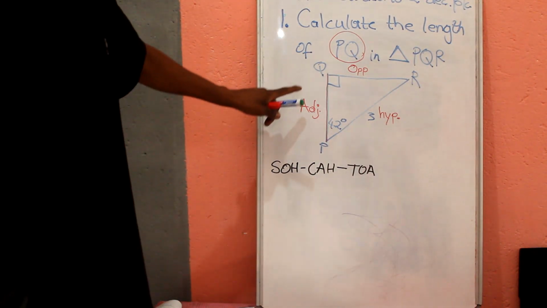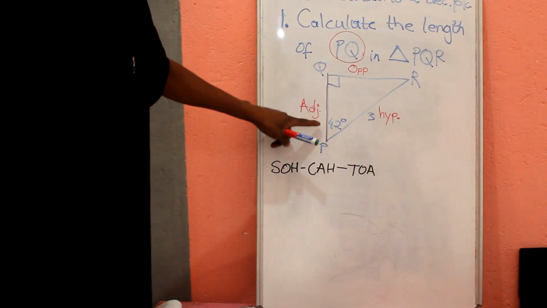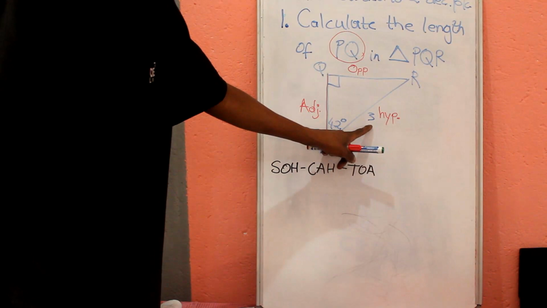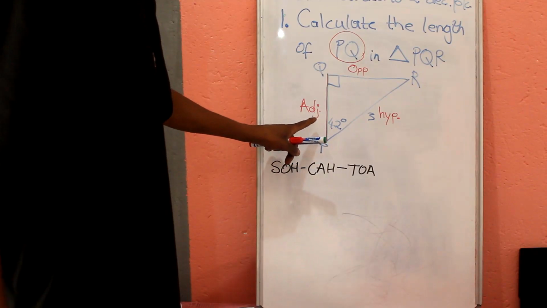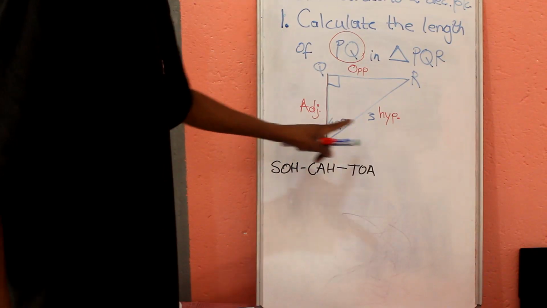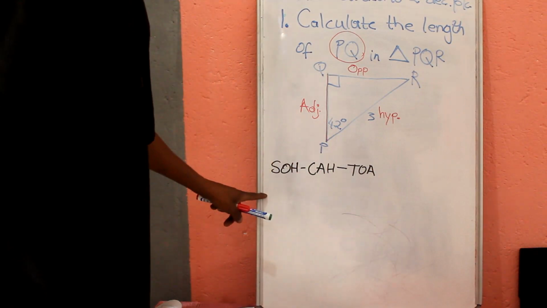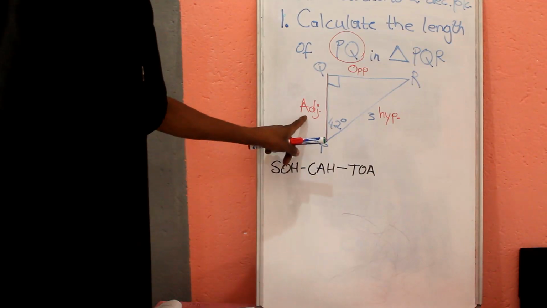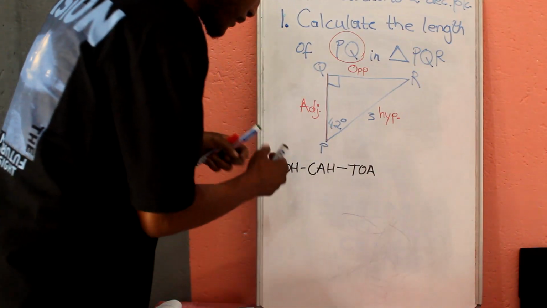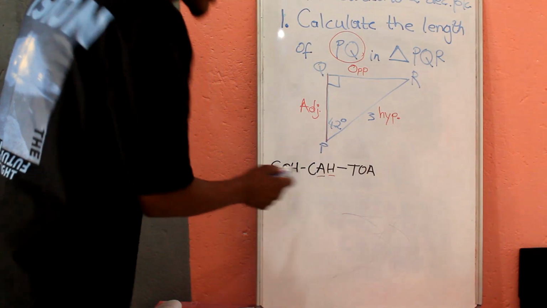Now, judging from this triangle, we are looking for the adjacent side. We're given the hypotenuse side, and the angle embedded between them is 42 degrees. Now, the relationship between adjacent and hypotenuse, according to the acronym of trigonometric ratios, is cos, because that would give us the adjacent side over the hypotenuse.